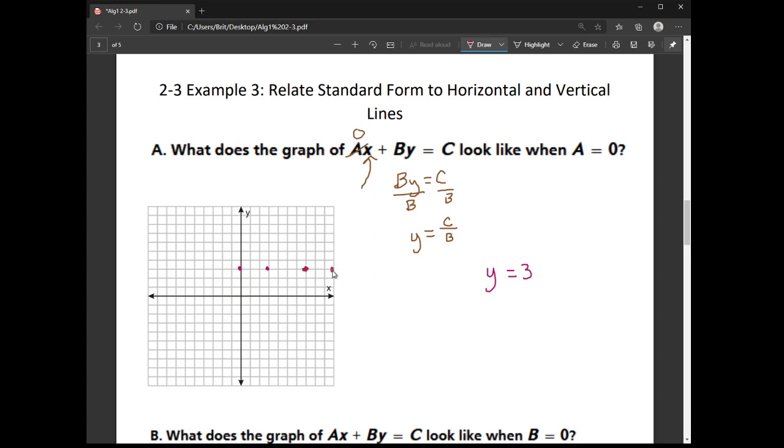When x is 10, y is 3. When x is -10, y is 3. What do you see here, guys? Do you see that it's a horizontal line? That's what y equals 3 looks like. And people get mixed up with horizontal and vertical lines because it's parallel to the x-axis.